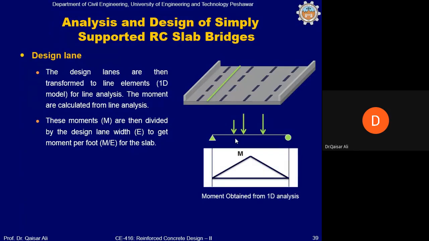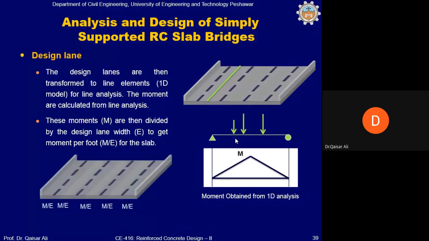Once the bending moment is calculated from the line analysis, it is again transformed into bending moment per unit width of the slab. So whatever E the design lane width is, these bending moments will be divided by it to give us bending moment per unit width. And these design lane widths can be calculated using equations as given in the next slides.